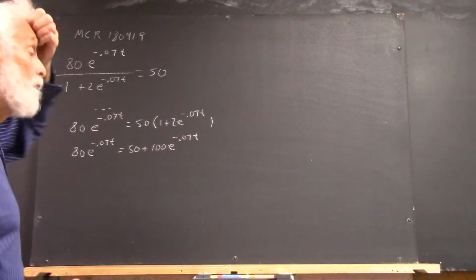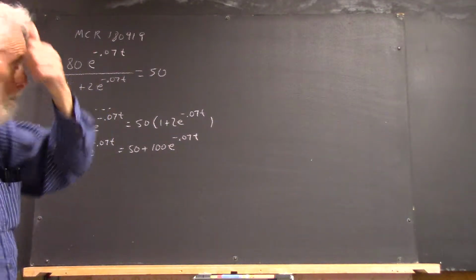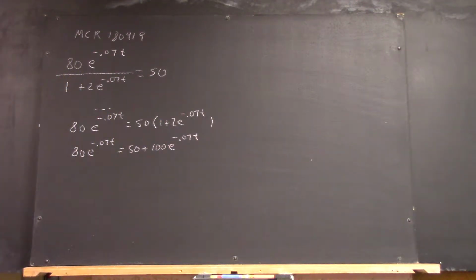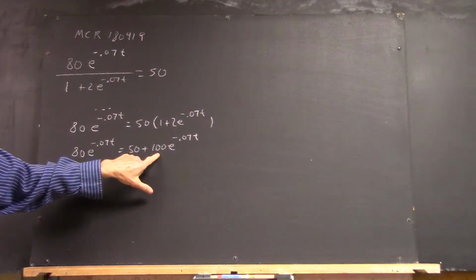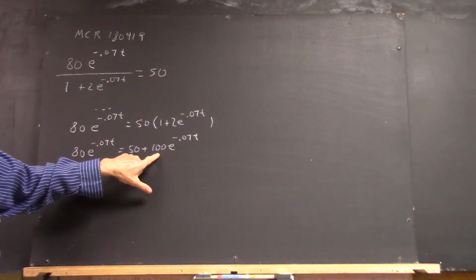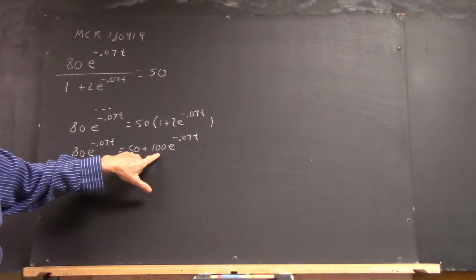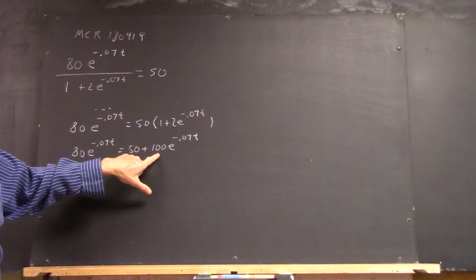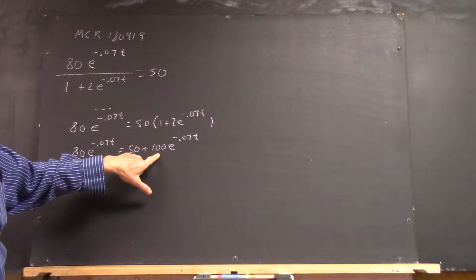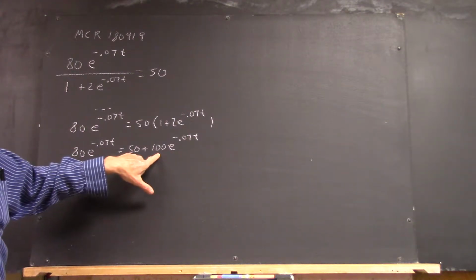So let's do that carefully, because here's where people have made mistakes. People will often try to get rid of this 100 here, for example, by subtracting 100 rather than dividing by 100. You can't get rid of this 100 by subtracting it. No, you wrote it down as if you were going to do that, but then you did it right.